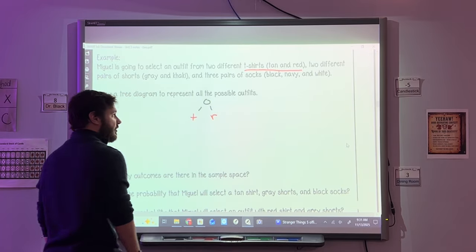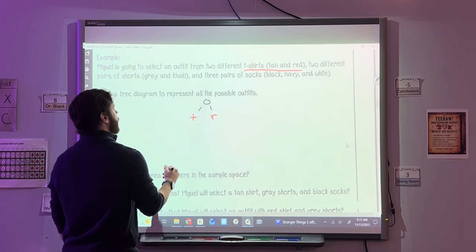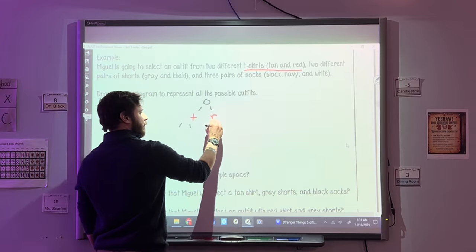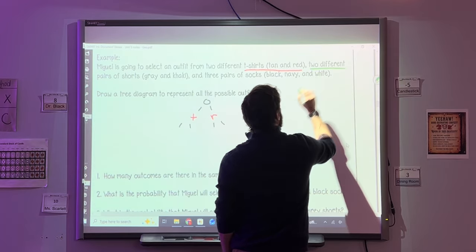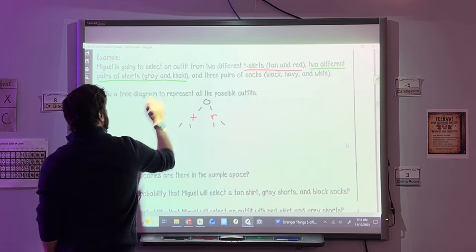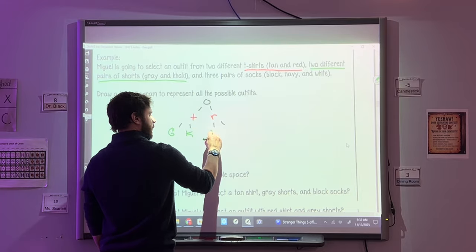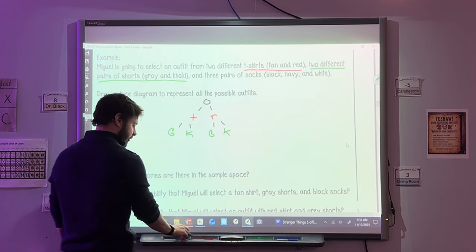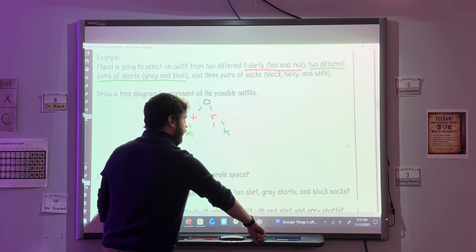So once he's picked the shirt, he has 2 more choices. His shorts. Gray or khaki. That's a G. Someone's going to comment how that doesn't look like a G, but it's a G.